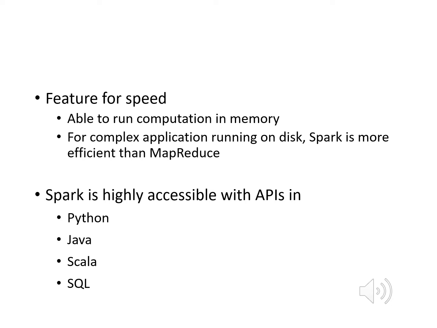And Spark is designed to be highly accessible. It offers simple APIs in Python, Java, Scala, and SQL, and rich built-in libraries. It also integrates closely with other big data tools.